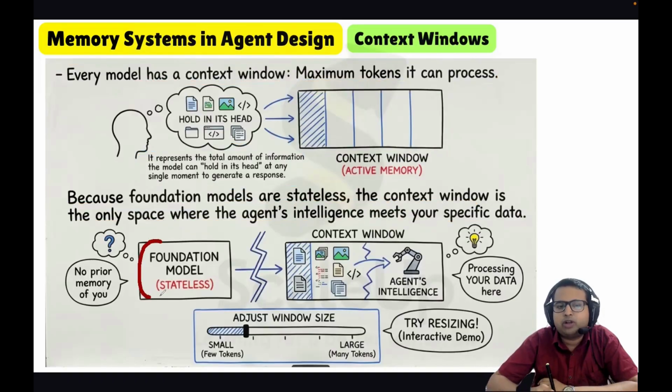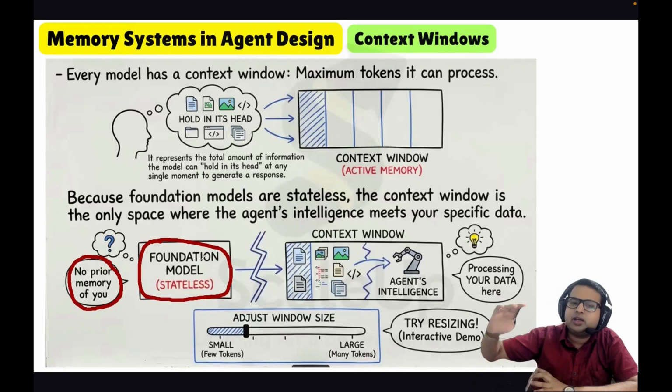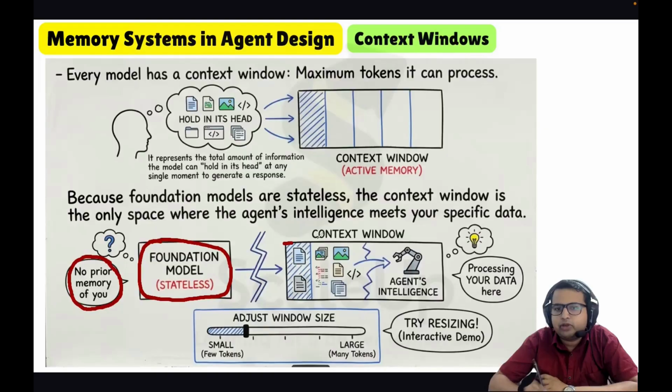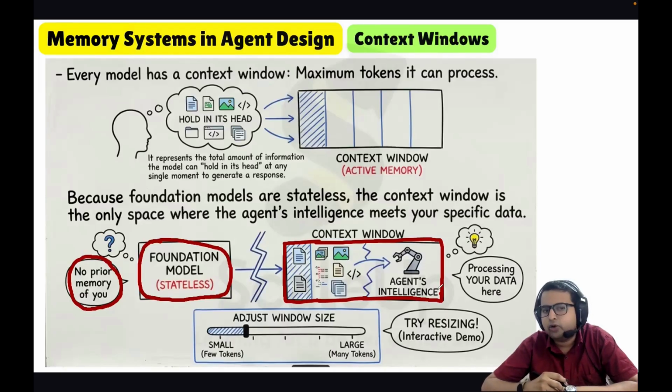Any large language model you take, they are stateless. They don't have any prior memory of you. Every query to a large language model is fresh, it's stateless. But with the context window, we can give it some information about the past interaction, user preferences. So the context window will give it some more intelligence.